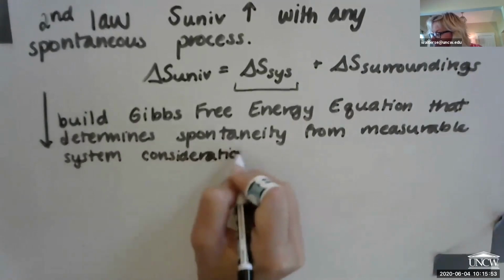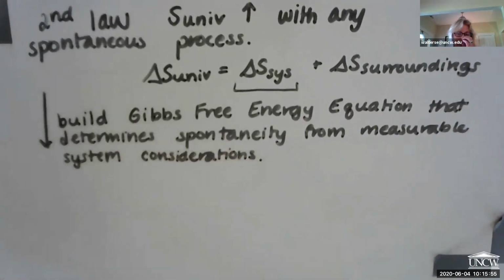So we don't have to deal with the surroundings anymore. We can just combine the entropy of the system and the enthalpy of the system, and we can get a Gibbs free energy equation that will tell us whether a process is spontaneous or not.